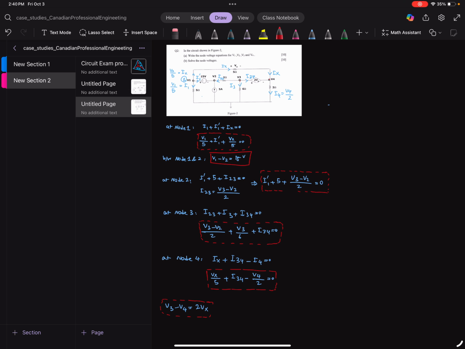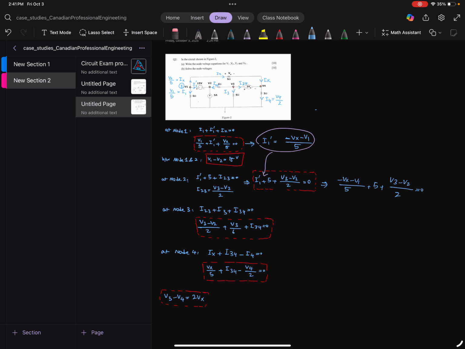What we can do for now is remove I prime 1 here, replace it. I prime 1 is minus Vx minus V1 over 5, right? So we replace this one here. So at least we don't have everything. So that's minus Vx minus V1 over 5 plus V3 minus V2 over 2 is 0.